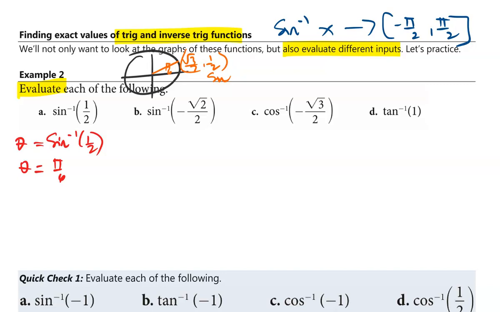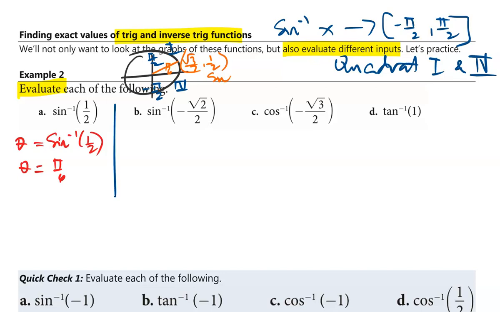That means in a unit circle, that is quadrants 1 and 4. So this is pi/2 and this is -pi/2. That's why quadrant 1 and quadrant 4. So we have here letter A, theta is equal to pi/6.